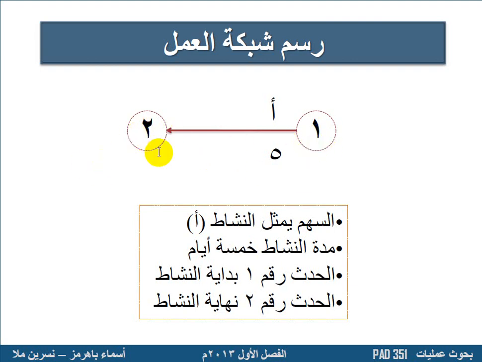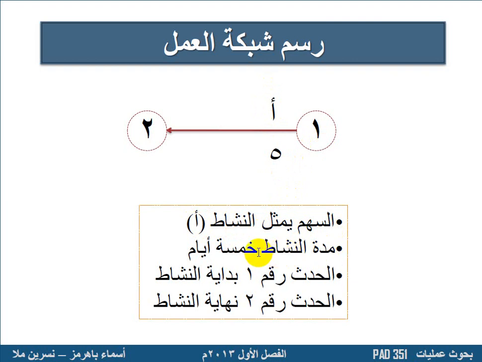The arrow represents activity A. Here the arrow from 1 to 2 represents activity A. The arrow stands for activity A.